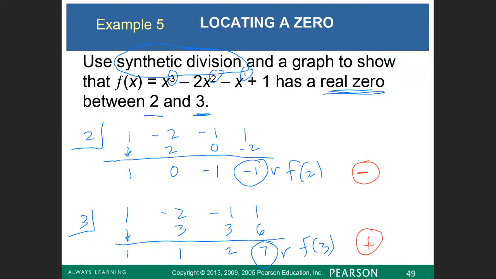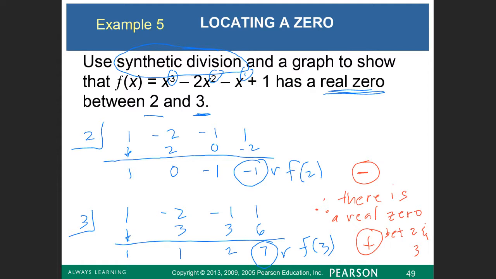So if you have a negative and a positive, it means, therefore, we're going to say that there is a real zero between the values 2 and 3. So between 2 and 3. So that would be our conclusion.